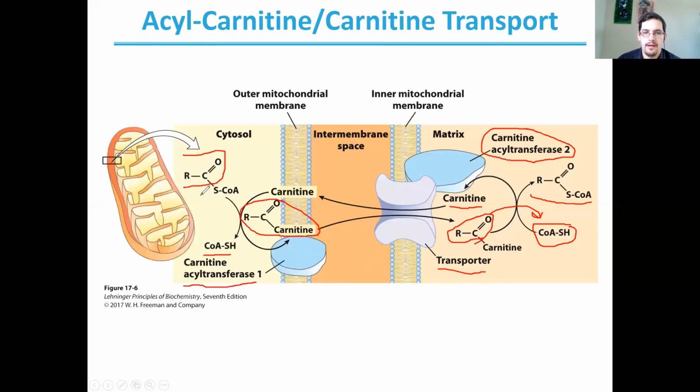We have our fatty acyl-CoA outside in the cytosol. We release coenzyme A and put it onto our carnitine to make that acylcarnitine. We transport the acylcarnitine in. We release it, put that fatty acid onto our coenzyme A again inside the mitochondria, and then feed our carnitine back out to the cytosol to pick up more fatty acids.